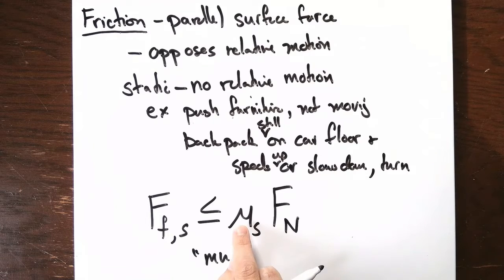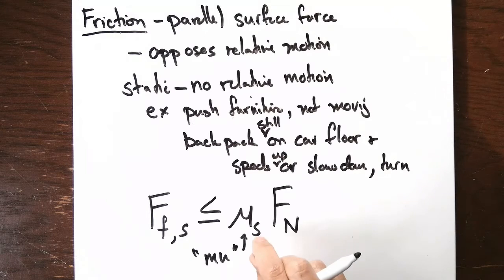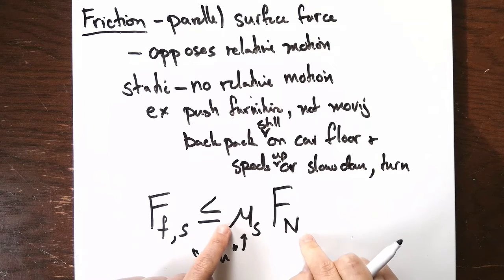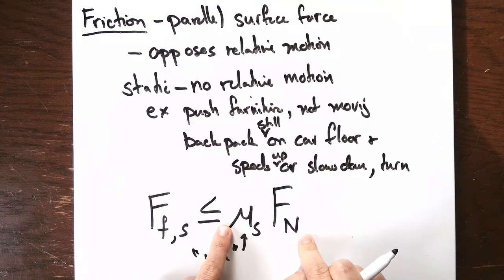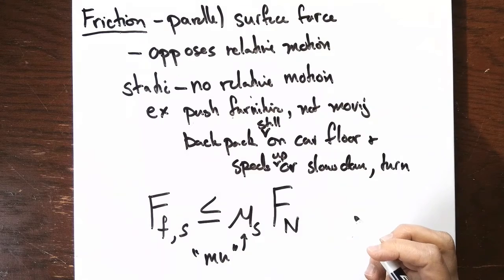For example, the coefficient of static friction between, say, tire rubber and a road, asphalt, is going to be very different depending on whether the road is dry or whether it's been raining and the road is wet. But this is the biggest static friction can ever be, though in general it'll be just big enough to stop that relative motion from happening.